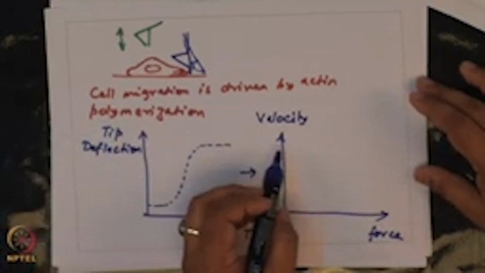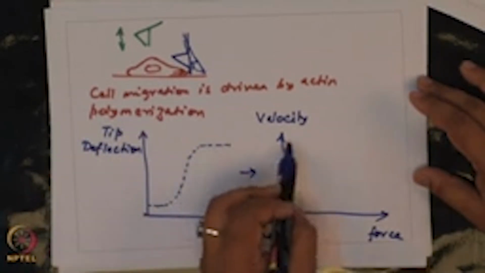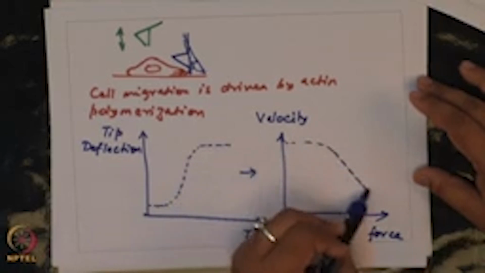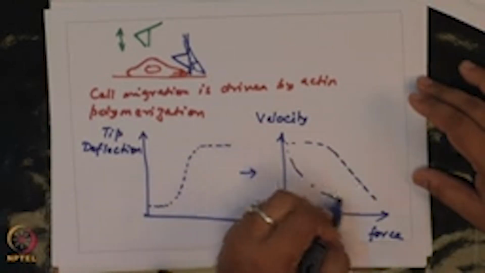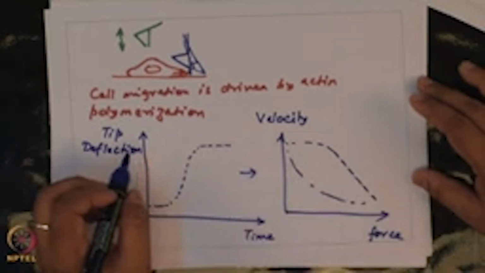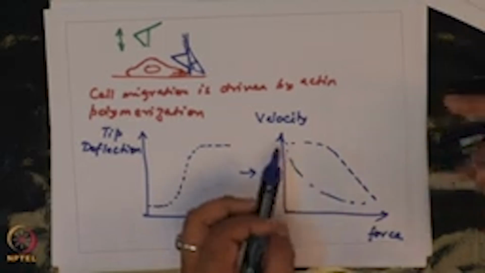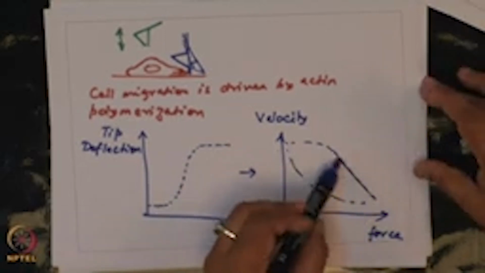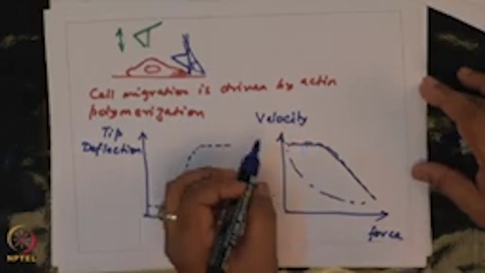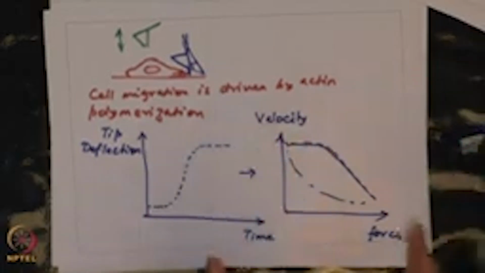So, you can then convert it into a force velocity curve. This curve might look something like this or something like this. Okay. So, experimentally it has been demonstrated by several researchers that you might have a concave force velocity relationship. Over a certain magnitude of forces, the cell can migrate at constant velocity, but beyond a certain cutoff the velocity drops significantly.